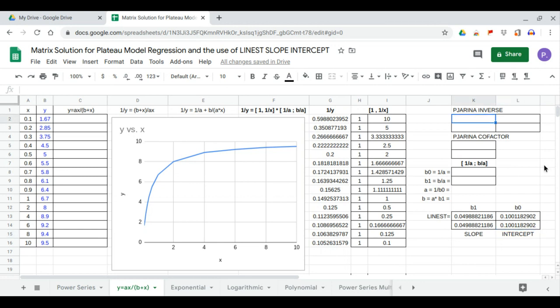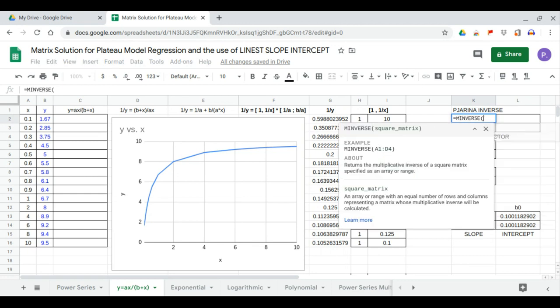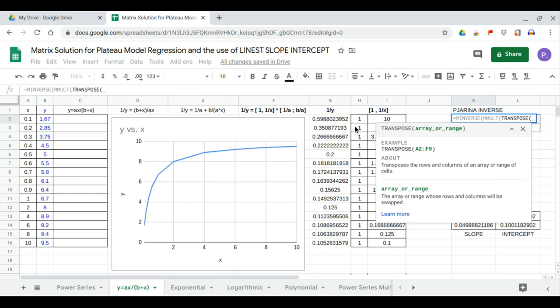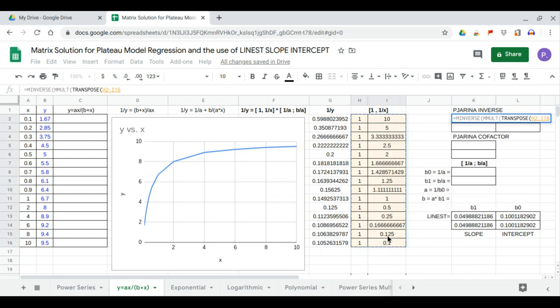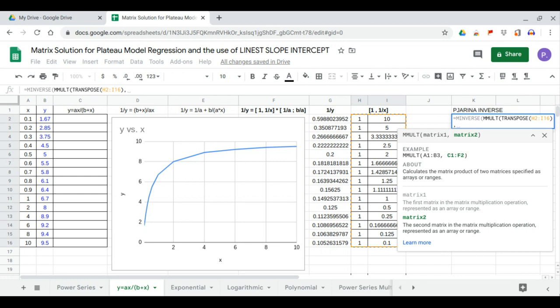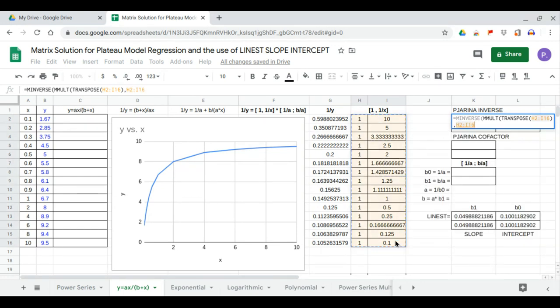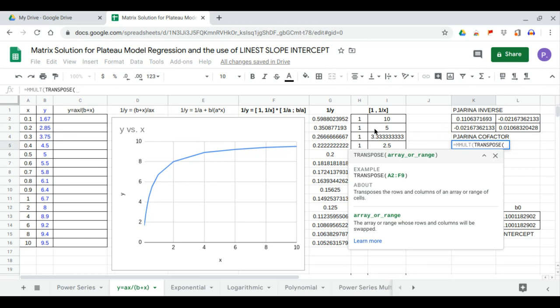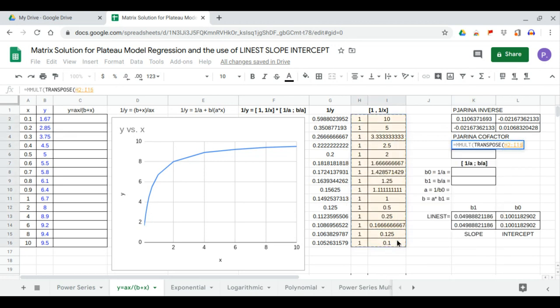You can also use the matrix solution using the pseudo-inverse, using MINVERSE and MMULT with the transpose of the X matrix and itself. And calculate the pseudo-cofactor, which is MMULT of the transpose of the X matrix and the transformed Y values.